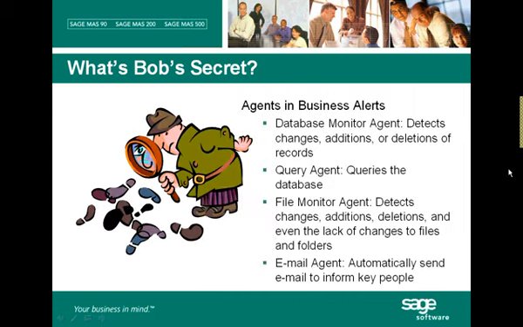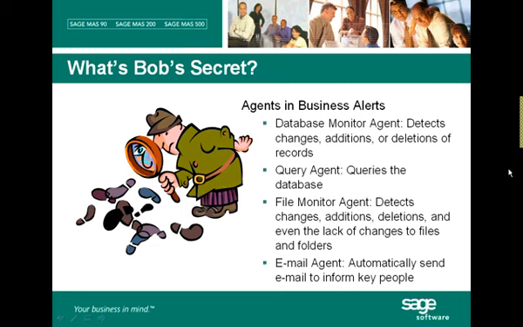Business Alerts works through a series of agents: a database monitor agent, a query agent, a file monitor agent, and an email agent. The database monitor agent detects changes, additions, or deletions of records. So, for example, it can detect when a new sales order was placed, changed, or deleted.